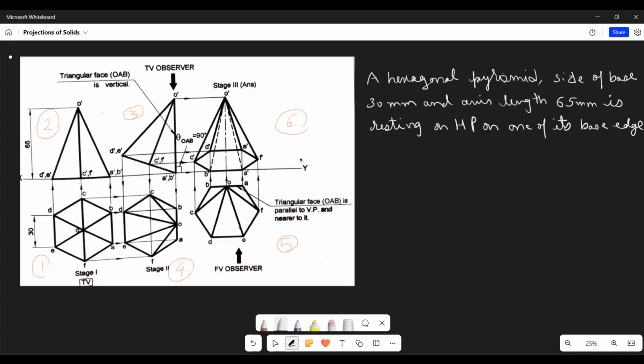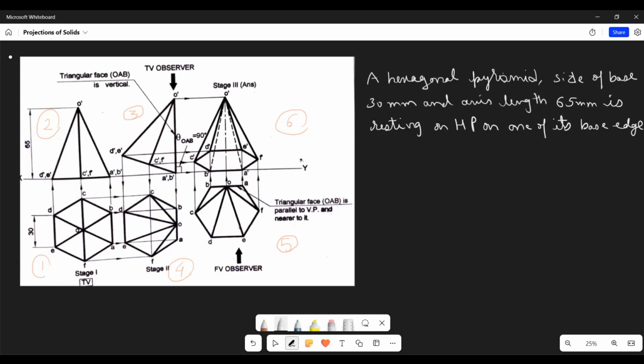This question which we have formed is sufficient to draw the stage 1, view number 1 and view number 2. Now, in order to draw view number 3, what we see here is the line joining O2A and O2B.